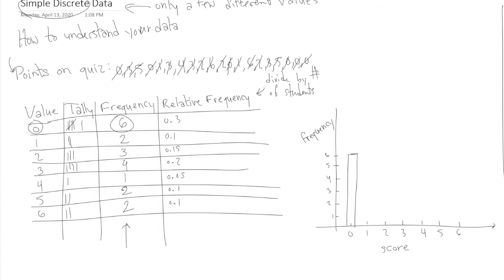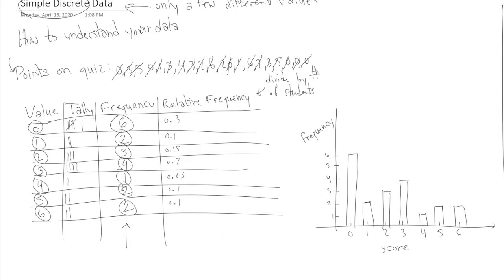And then 2 students got a 1, so go over, draw a line at the y value 2, and draw it down to make a column there. 3 students got a 2. 4 students got a 3. One student got a 4, 2 students got a 5, and also 2 students got a 6.